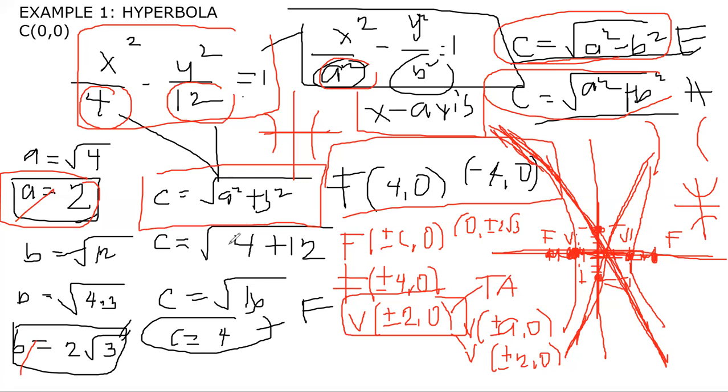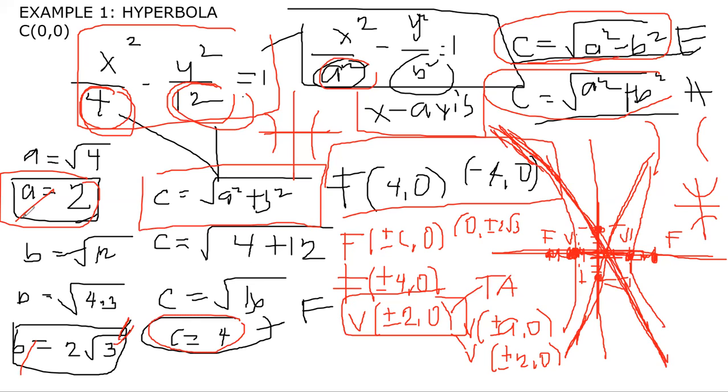That is 4, kasi 2 squared is 4. And B squared is 12. Just simply use the given equation, yung 4 natin ito and our 12 ito, para hindi ka na mag-solve ng mga mag-rationalize dyan. So, i-substitute mo na lang yan. 4 plus 12, that is 16. What is square root of 16? That is 4. C is equal to 4.